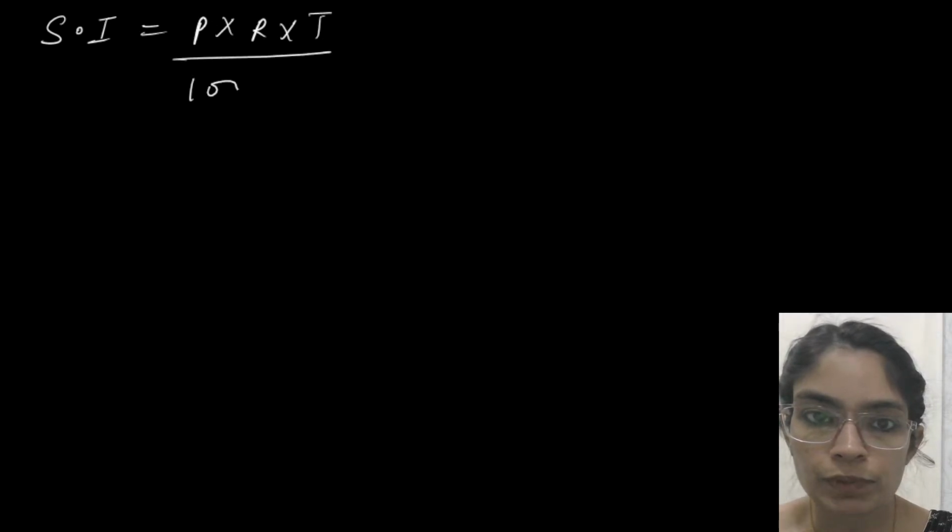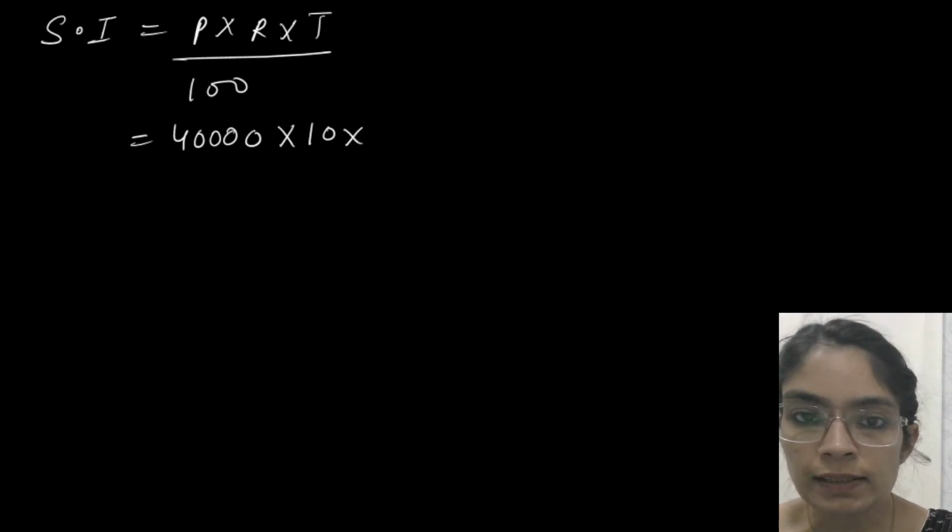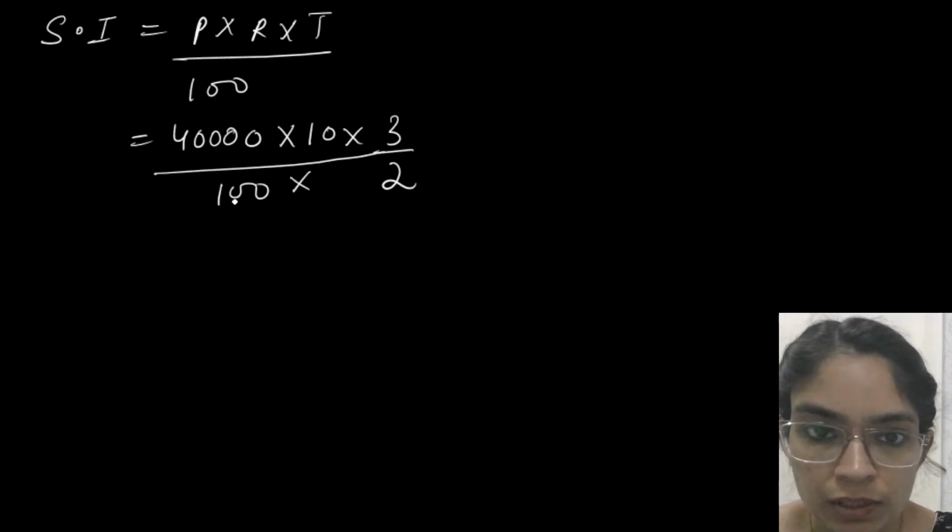So simple interest we have to find. Simple interest formula we know, SI is equal to P into R into T by 100. P's value we know, principal is 40,000, R is 10%, time is 3/2. By 100 we write as it is. We can do cancellation, 2 zeros will get cancelled.